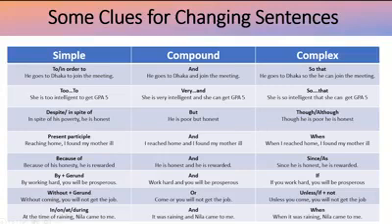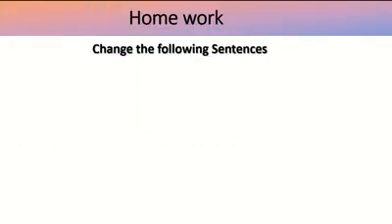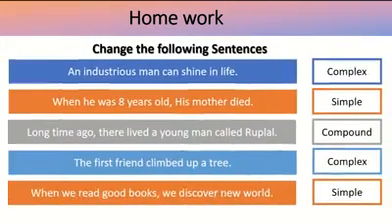Now I will give you some homework. Change the following sentences. An industrious man can shine in life. Please make it complex. When he was 8 years old, his mother died.